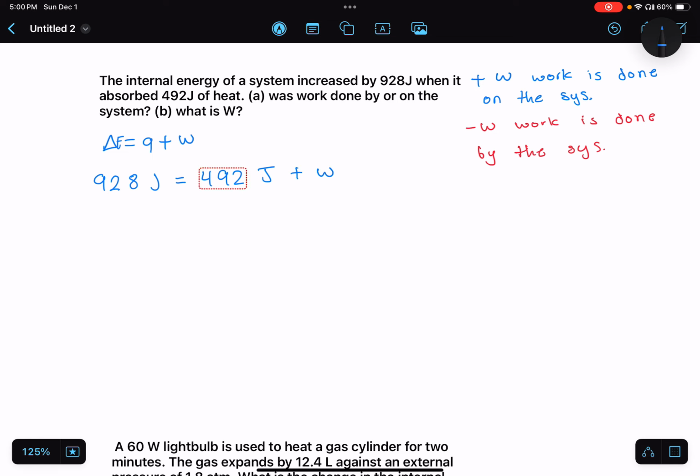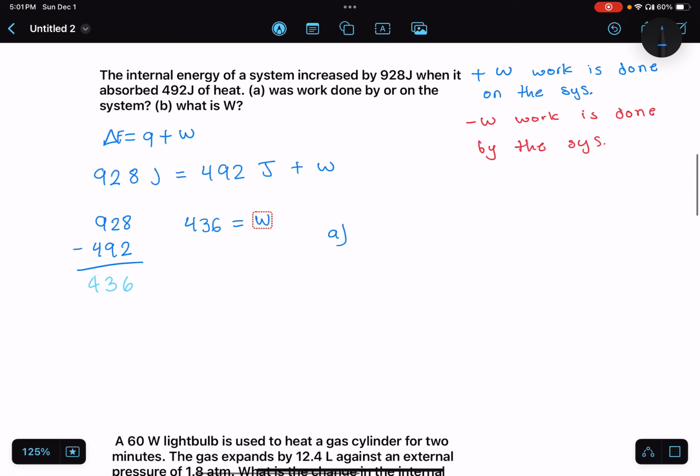We could just work it out, though. We can just simplify for that. So we can do 928 minus 492. Okay, 436. So 436 equals W. Because 436 is positive, that means work is done on the system.